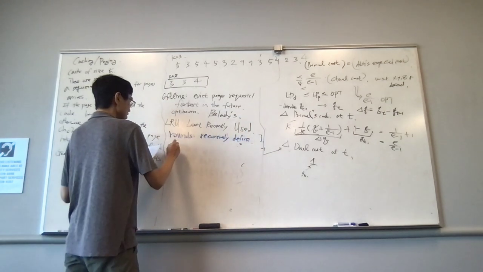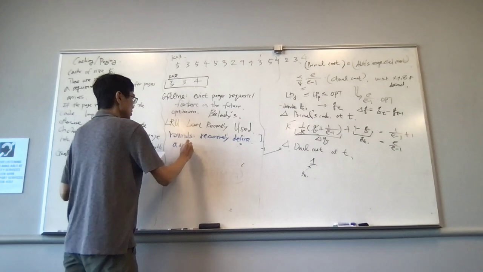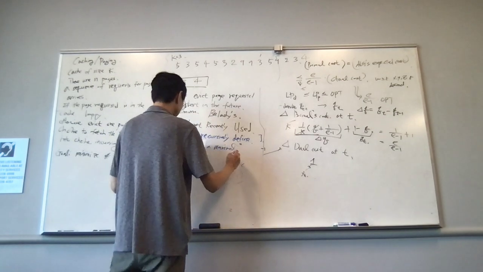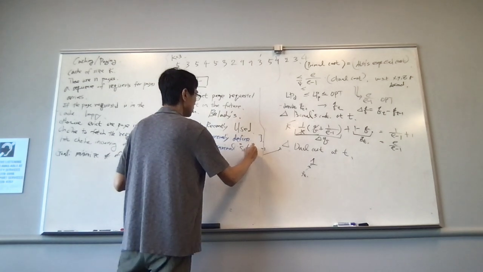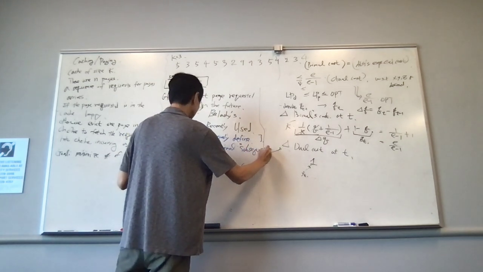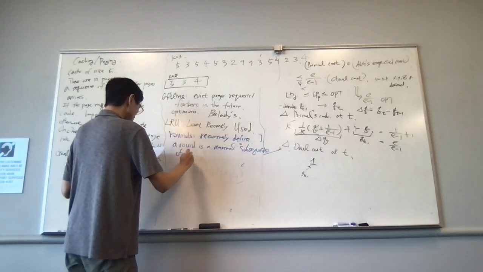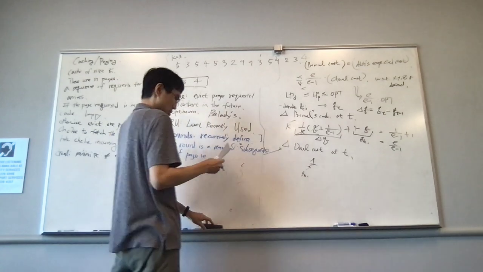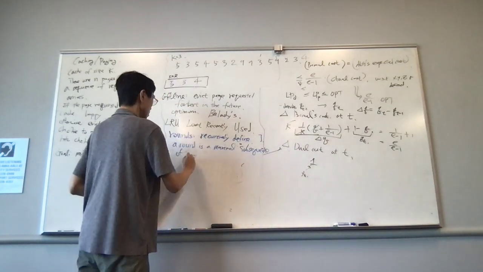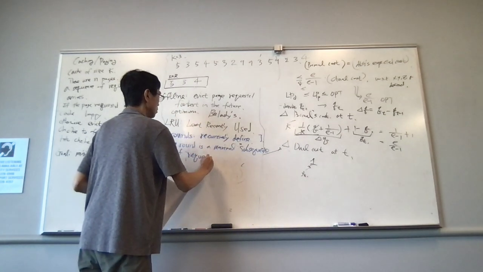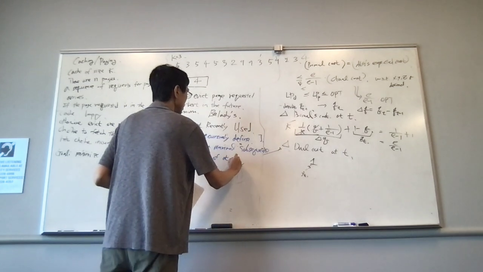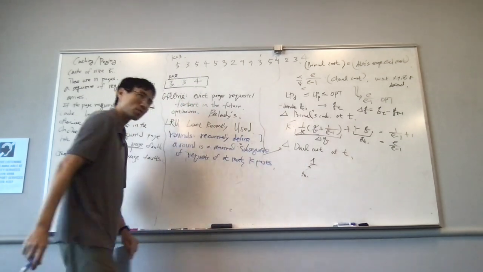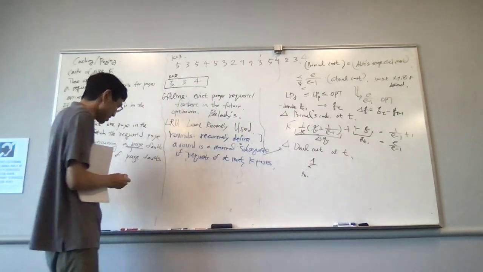A round is a maximal subsequence of requests containing at most k different pages. Okay, let's do an exercise here.